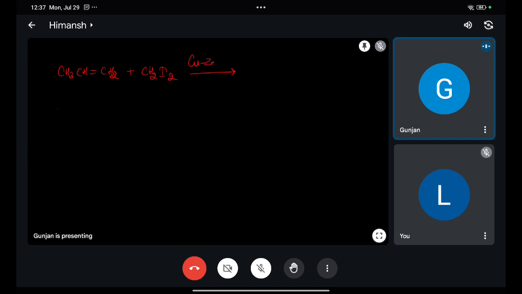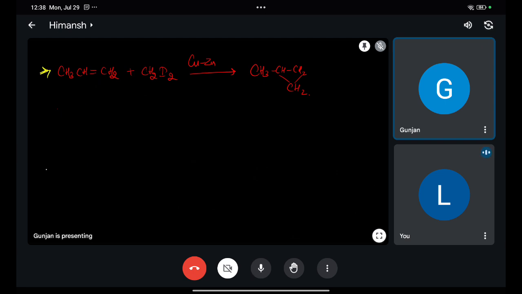We are reacting it with copper zinc, so we are getting what? Okay, so again this carbene is attacking over here, we can see. Is that clear?